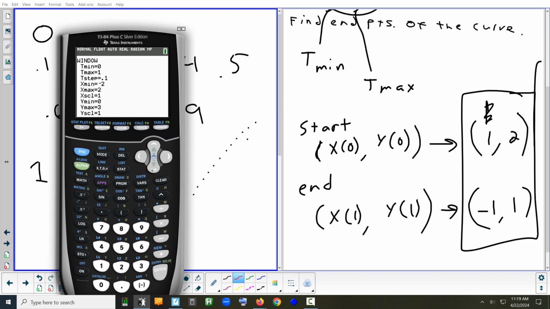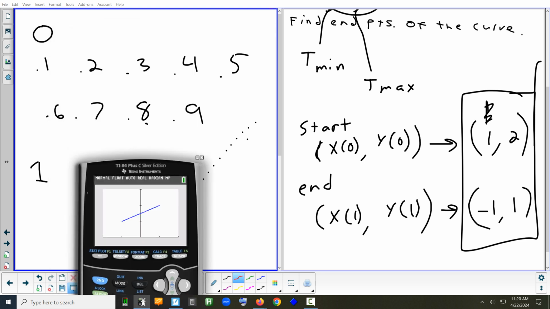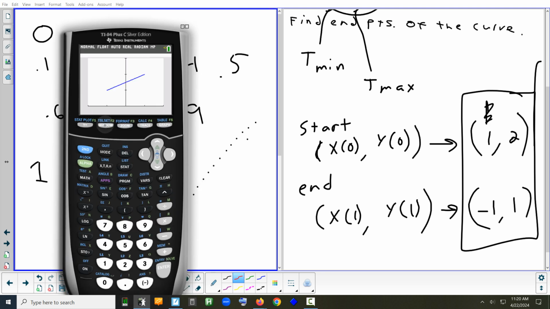Right? If we go by 0.01, you're going to notice it still draws it. It was a little bit slower, but it just counted from 0 to 1, going by hundredths. So that's 101 points, just like this was 11. Now, if I go 0.001, it's going to be 10 times slower.